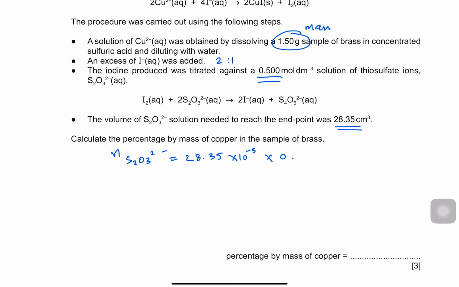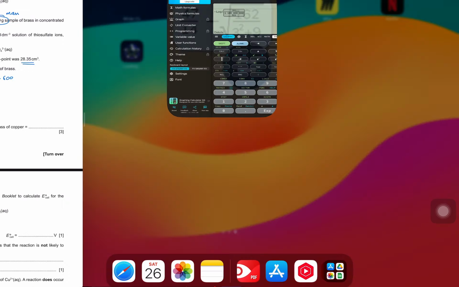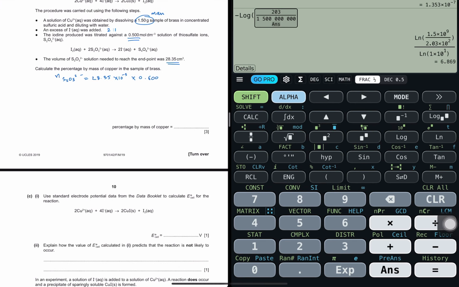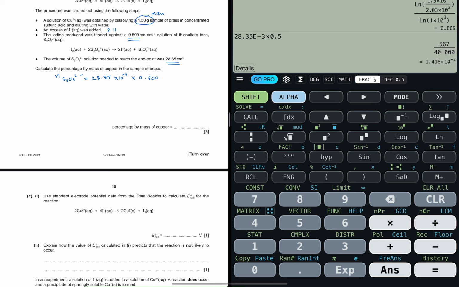Let's use a calculator. 28.35 × 10^-3 times 0.5. So that's 1.418 × 10^-2. This is the mole of thiosulfate.